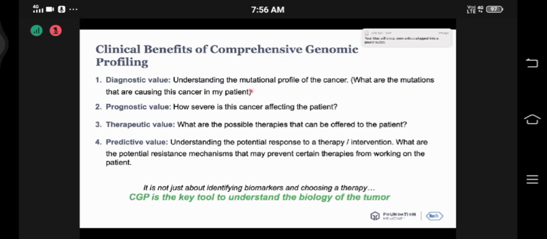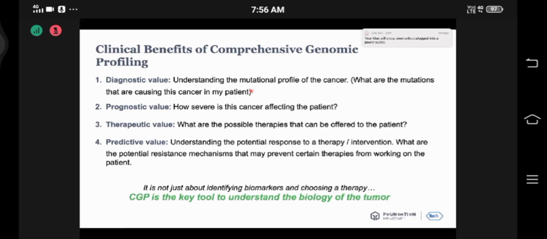So it's diagnostic, prognostic, therapeutic, and predictive. So these 4 words, if used in any answer for CGP, I think would be quite impressive. So it is not just about identifying biomarkers and choosing a therapy. It is a key tool to understand the biology of the tumor. So that, I think, is the most important point here.